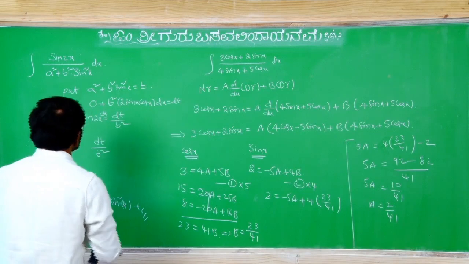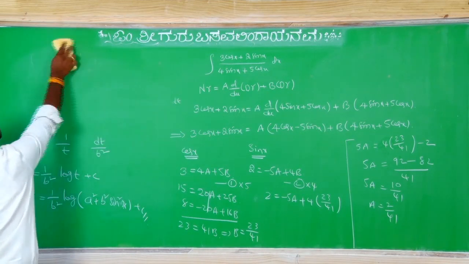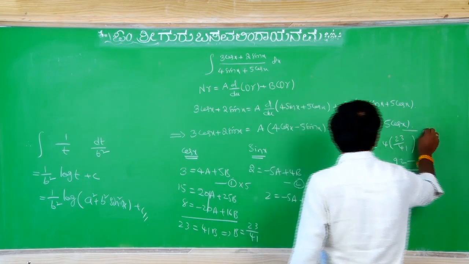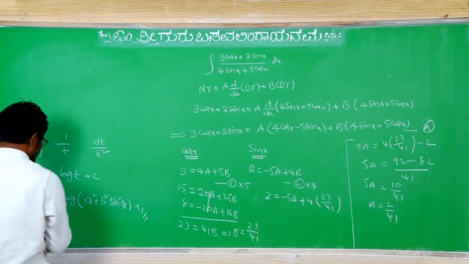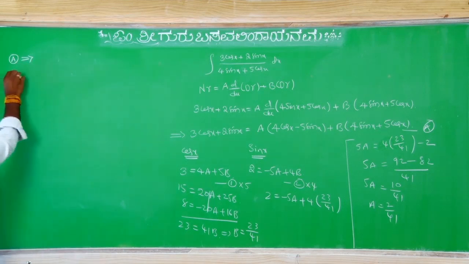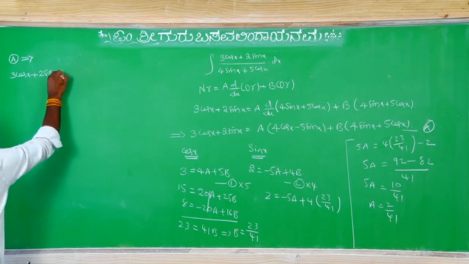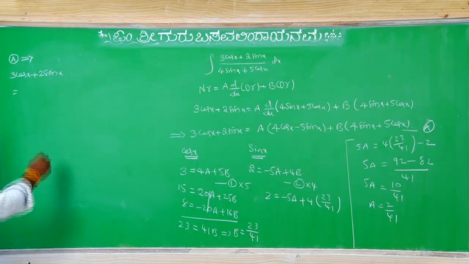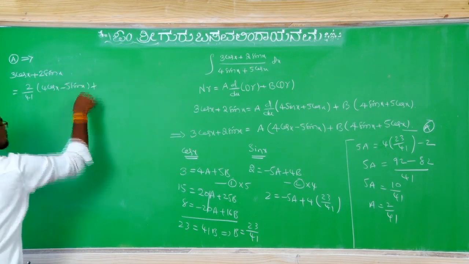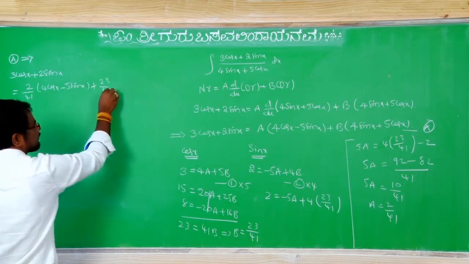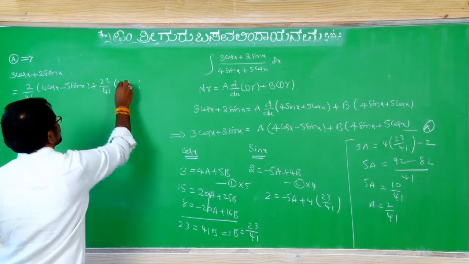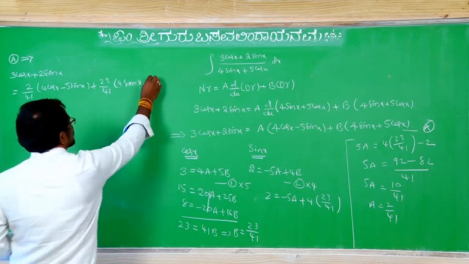So these two values, where do we have to substitute? Here, in this equation, take this as equation a. Therefore, 3 cos x plus 2 sin x equal to, with a as 2 by 41, into 4 cos x minus 5 sin x, plus b equal to 23 by 41, into 4 sin x plus 5 cos x.